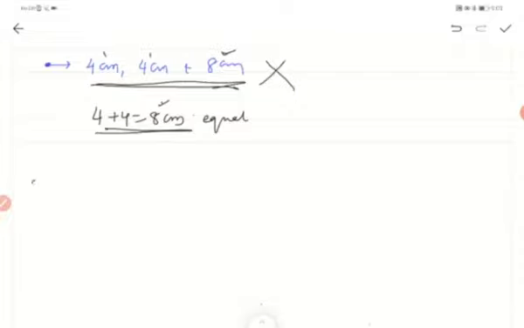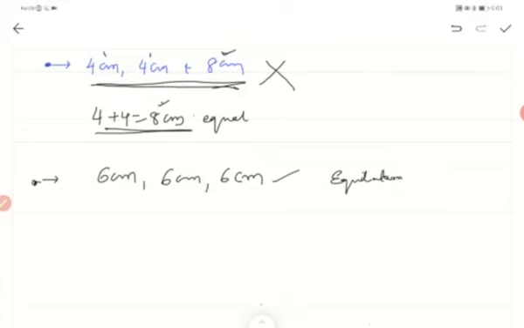Now let me take one more example. If I have the measurements 6 centimeter, 6 centimeter, and 6 centimeter, can I construct a triangle using these measurements? Looking at this itself, you can say I can construct an equilateral triangle, since all the sides are equal.